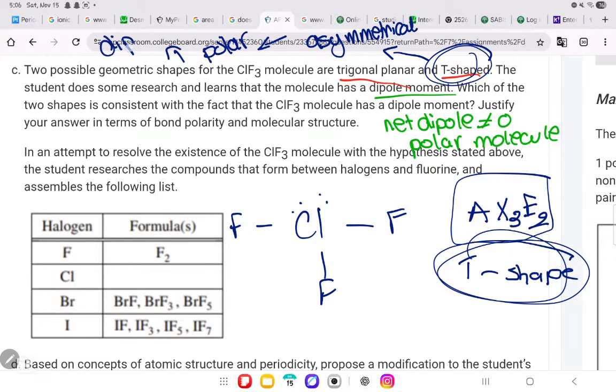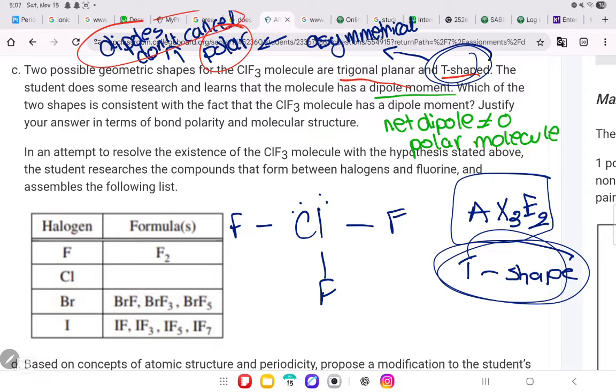Now, this is how we would usually go. Instead, we need to go backwards. We need to use all of this information to explain why it is a T-shape. First of all, my dipoles don't cancel. If my dipoles don't cancel, that means it's a polar molecule. Trigonal planar is a symmetrical molecule. T-shaped is an asymmetrical molecule.